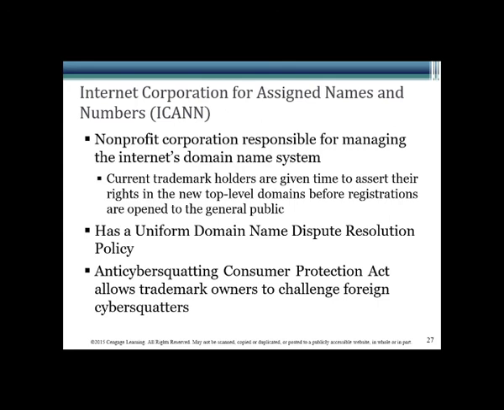The ICANN policy is designed to provide for the fast, relatively inexpensive arbitration of a trademark owner's complaint that a domain name was registered or used in bad faith. The Anti-Cybersquatting Consumer Protection Act, or ACPA, enacted in 1999, allows trademark owners to challenge foreign cybersquatters who might otherwise be beyond the jurisdiction of U.S. courts.